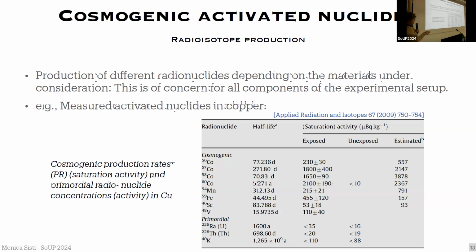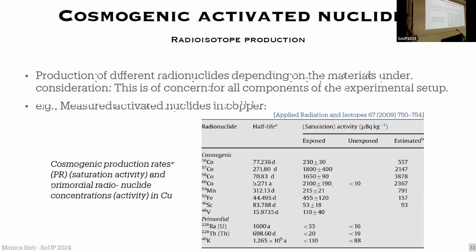Here is an example taken from a publication by Gerd Deuter and Matthias Laubenstein, where they exposed at sea level in Gran Sasso some copper sheets to see the activation of the copper, which is a material used very often as a shielding material.